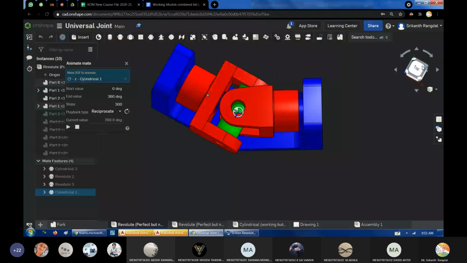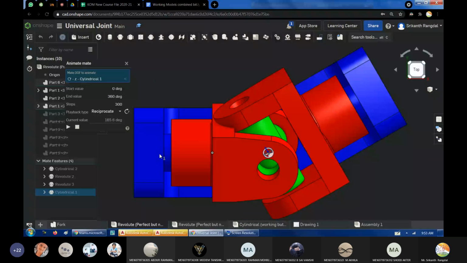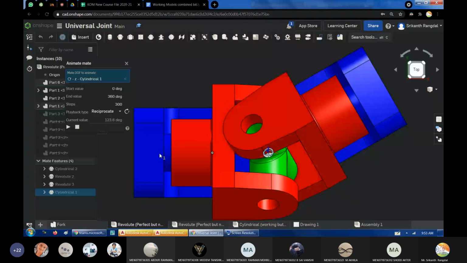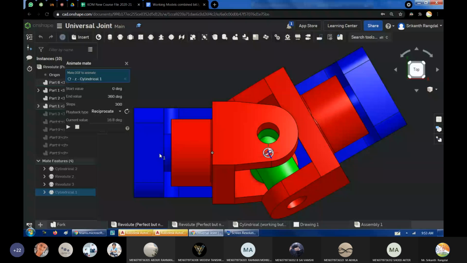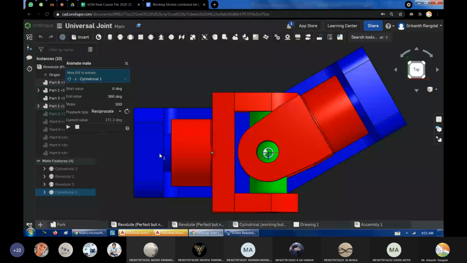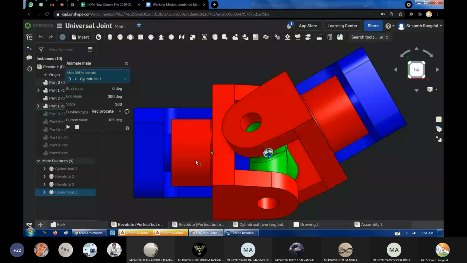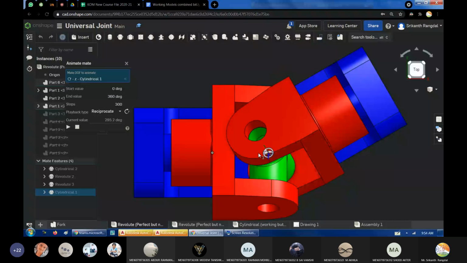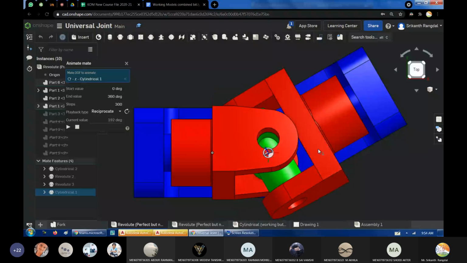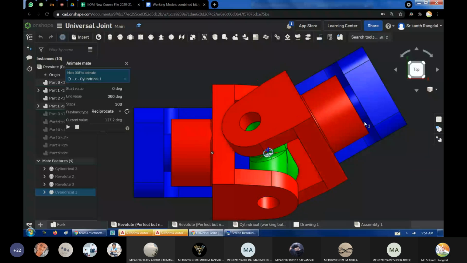And what is the speciality of the Hooke's joint? Even though the axes are not coincident, the motion can be transmitted.